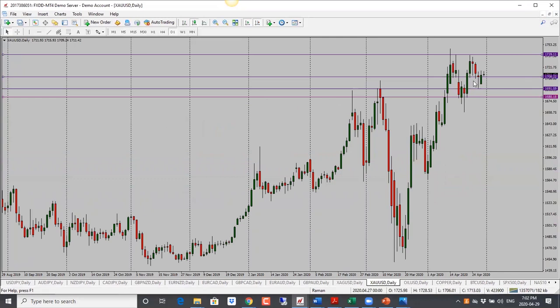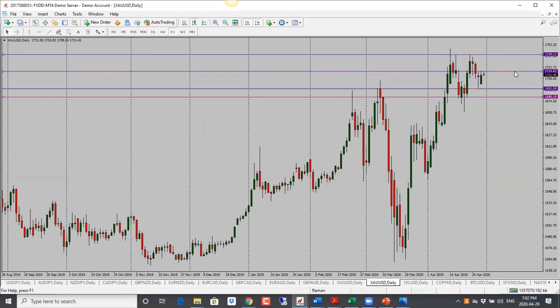Gold here, gold has been interesting. We saw a drop in gold, and now today's candle close was bullish. So at this point, I'm neutral on this. Price is right into this resistance level. So if it holds below the resistance, then we're looking for a move back towards a support at 1691.